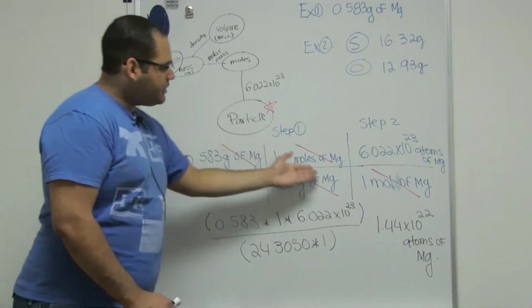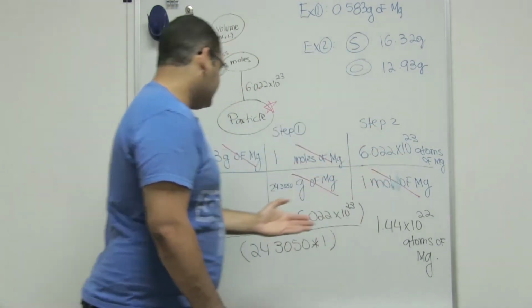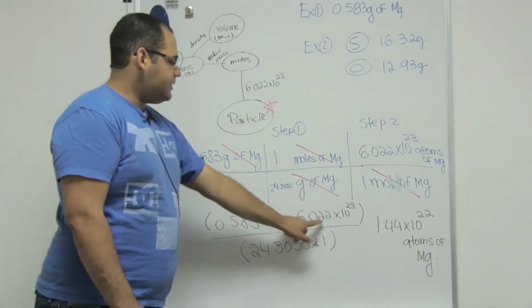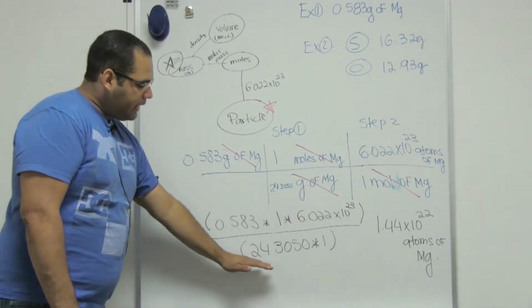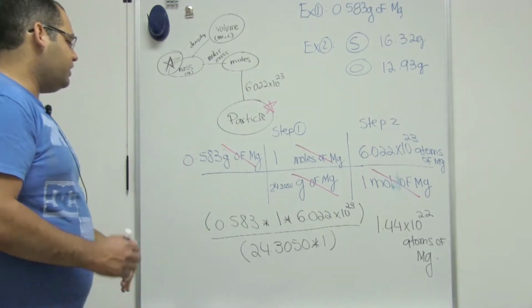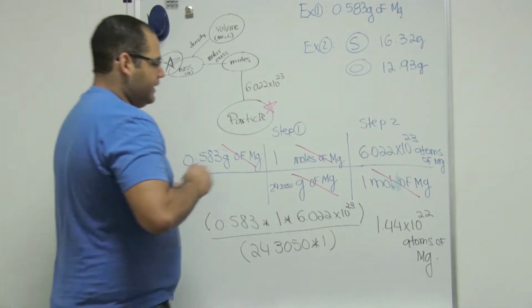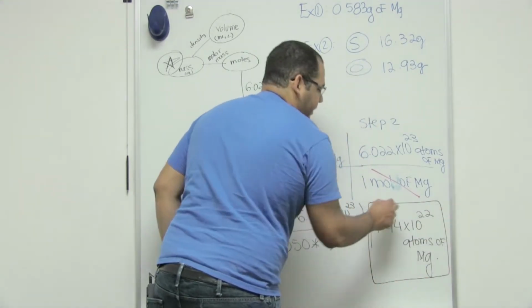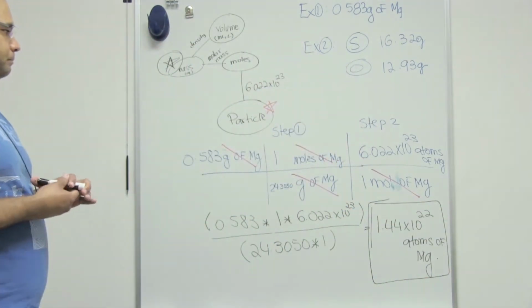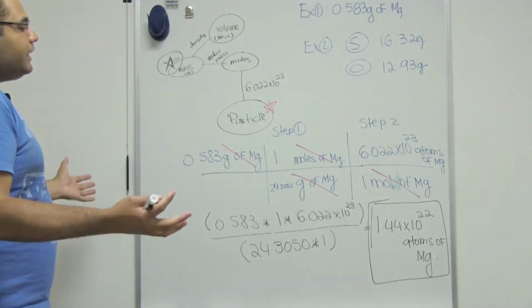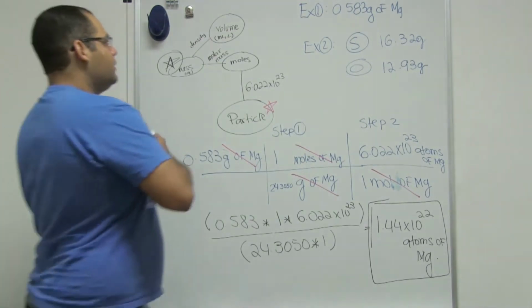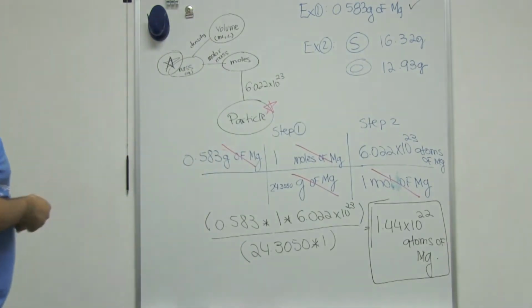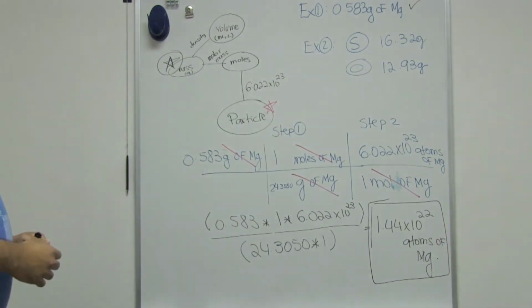So grams and grams cancel, moles and moles cancel. I end up with grams times 1 times Avogadro's number, divided by 24.3050, and plugging everything in my calculator gives me that answer. So problem 1 is solved. We understand now how to calculate how many atoms I have using the grams.